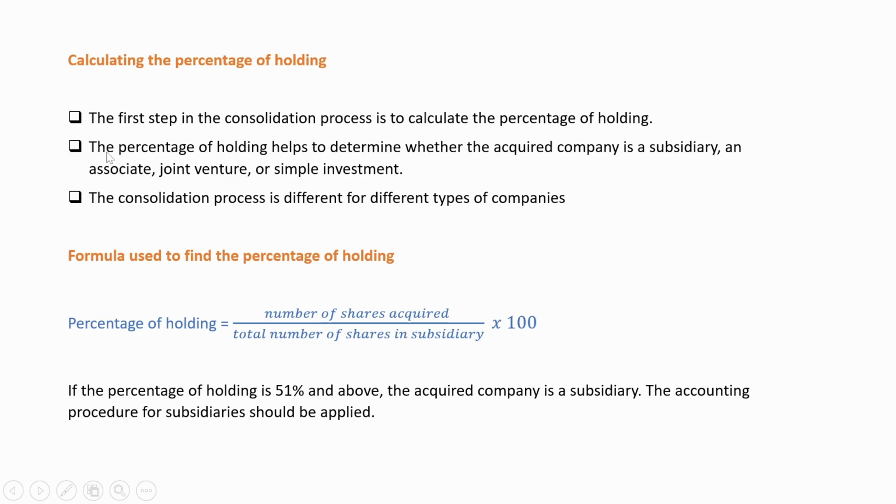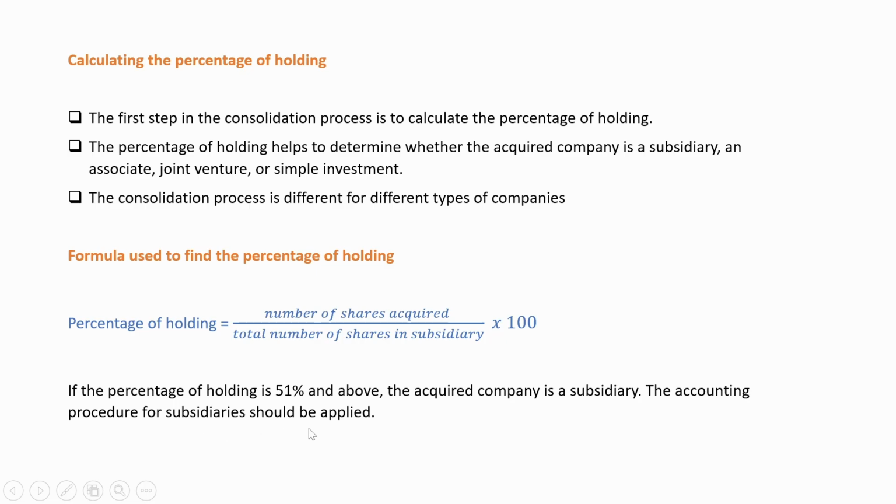According to the second point here, the percentage of holding helps to determine whether the acquired company is a subsidiary, an associate, a joint venture, or a simple investment. So if you get more than 50% as the percentage of holding, the acquired company will become a subsidiary, and the accounting procedure for subsidiaries will be applied.